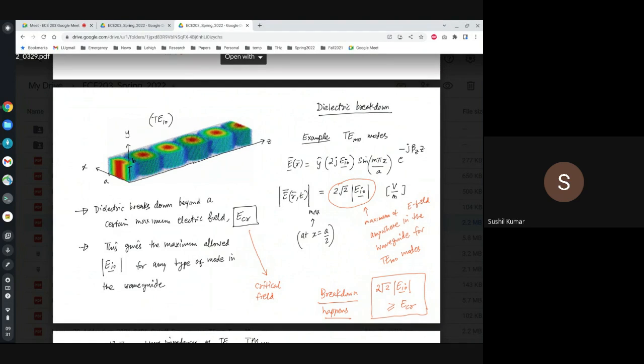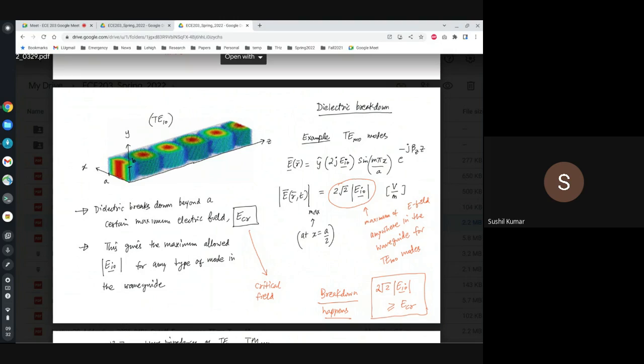If somebody gives you the critical field, you have to be able to tell where the field is maximum. That's where the damage will happen first. And in this case, for TEM0 modes, wherever this sine is 1, for the TE10 mode, if I plot the magnitude of this field like this, and this is my x direction, which is this is 0, and this is a, right?